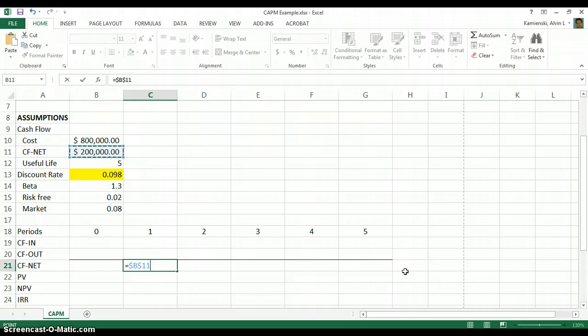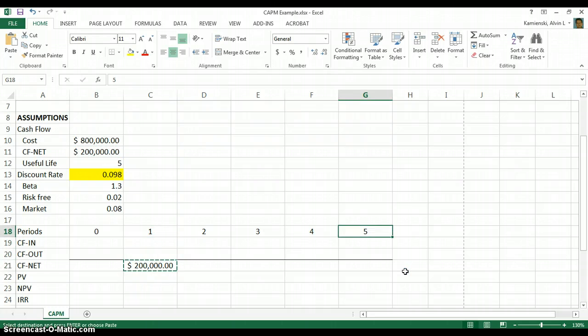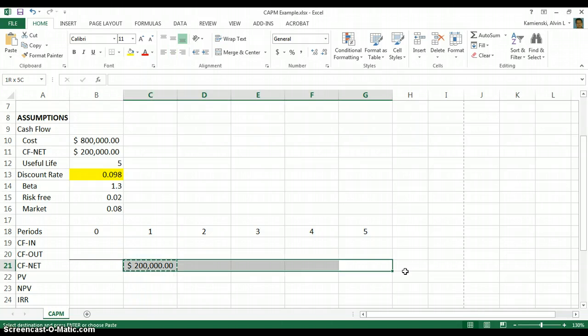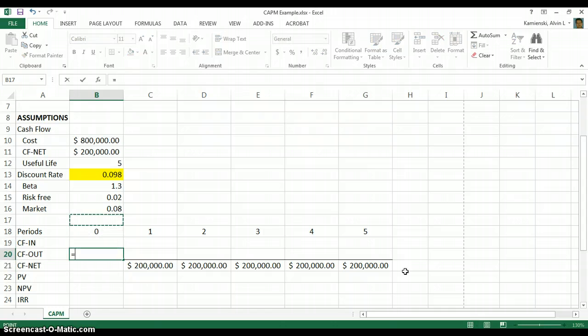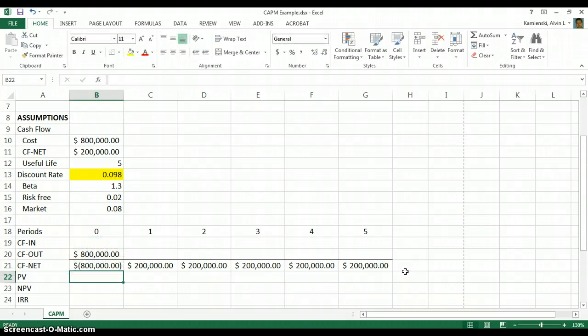We'll hit F4 to anchor it to that cell, and then we can copy and paste that across. We know that we have then a cash flow out of $800,000. And for this one, we'll put in our formula of equals in minus out. And so there we have our stream of cash flows.